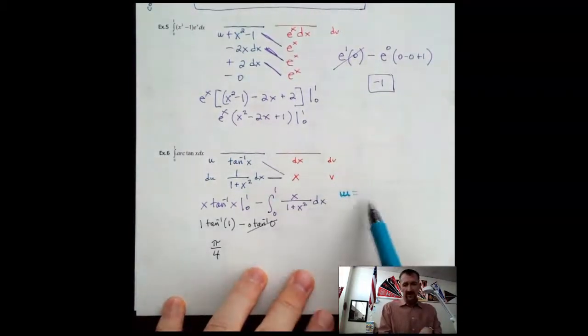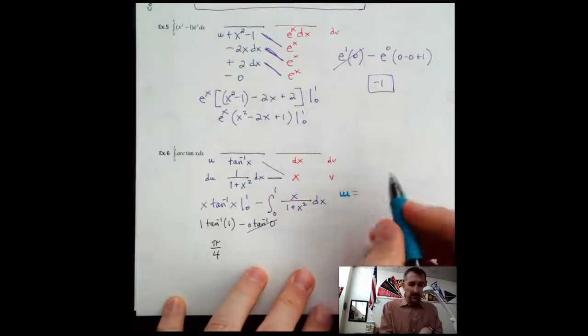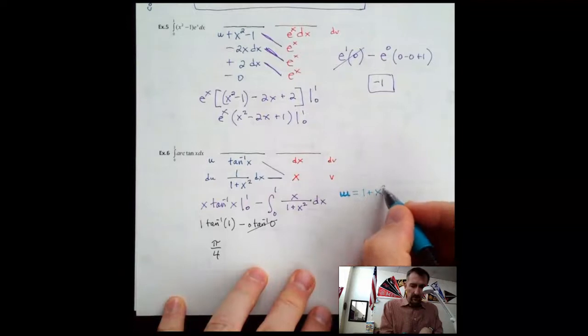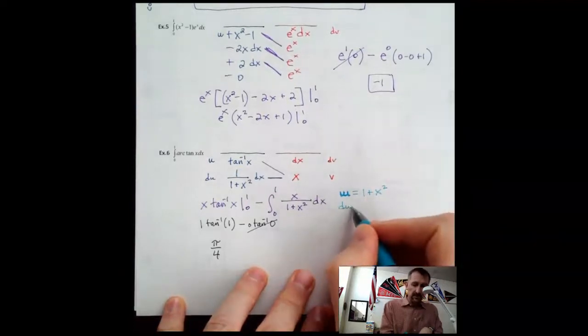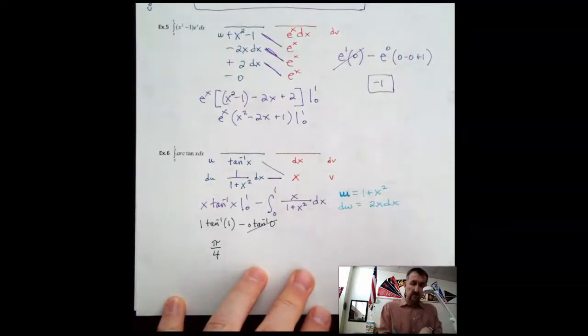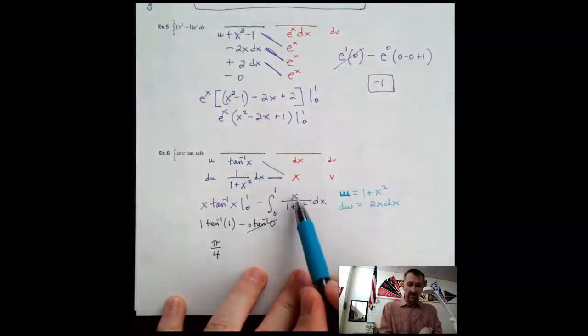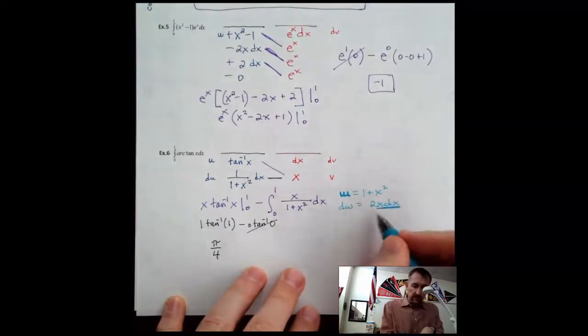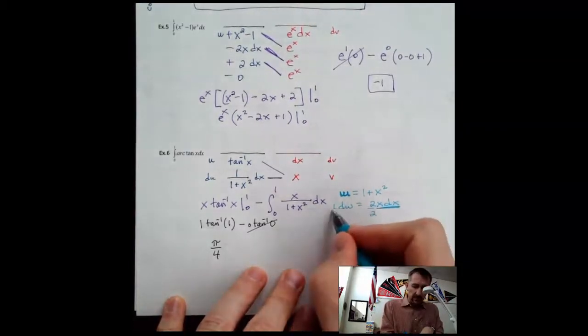I mean, you possibly could use u again, I just think it's a little bit dicey. So I'm going to let w be 1 plus x squared, so dw is going to be 2x dx. Now I have an x dx right there, but I don't have the 2, so I need to divide both sides by 2.